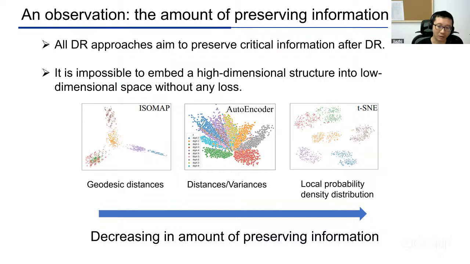As a result, t-SNE usually achieves better cluster patterns, especially in non-linear datasets. So we learned that we need to decrease the amount of preserved information and achieve higher quality embedding.